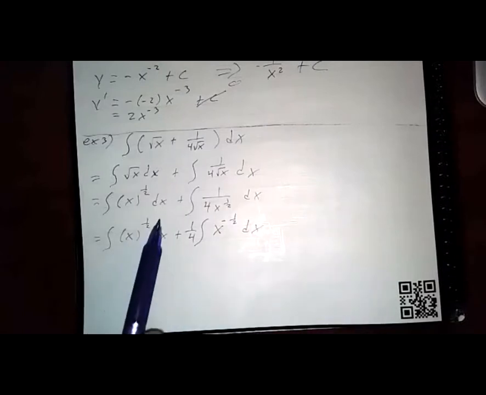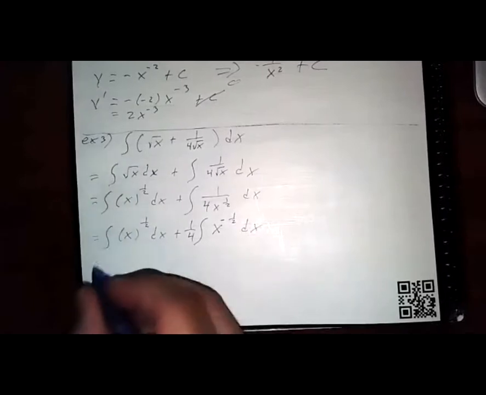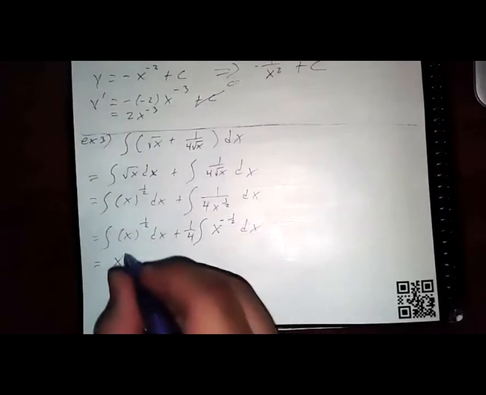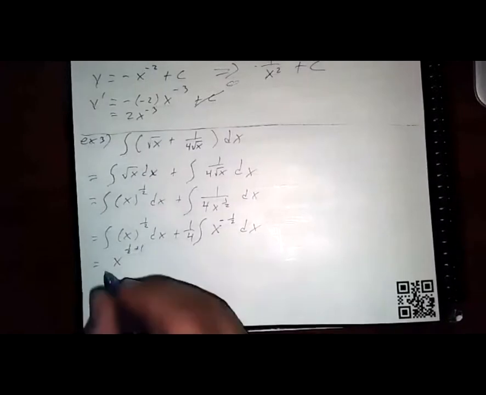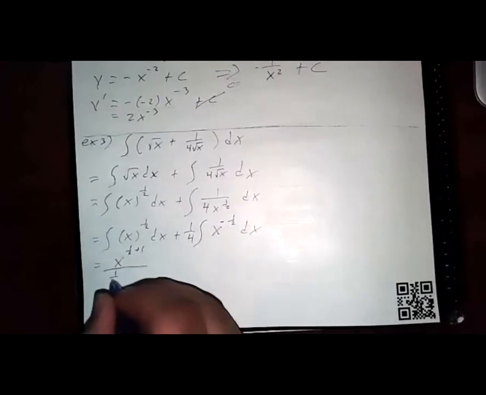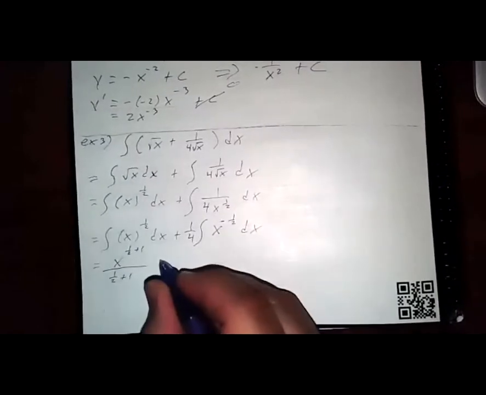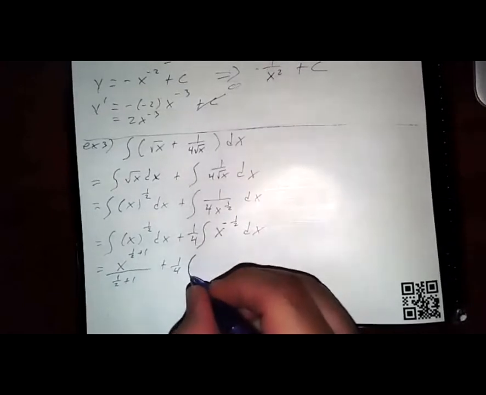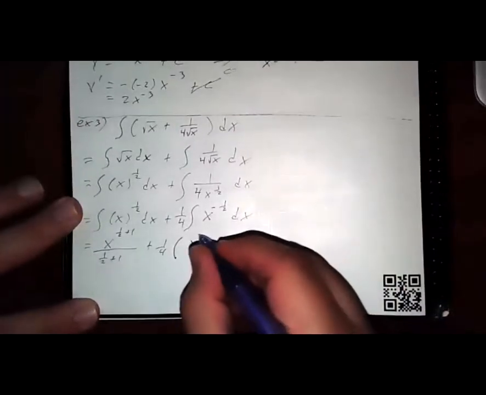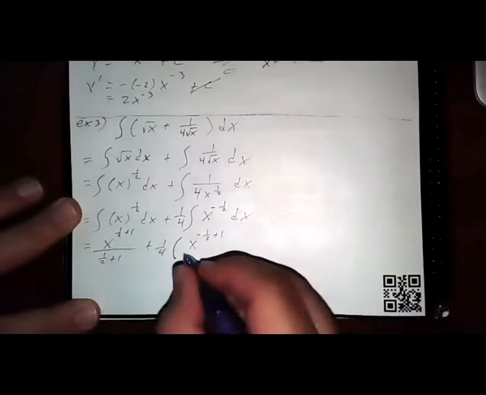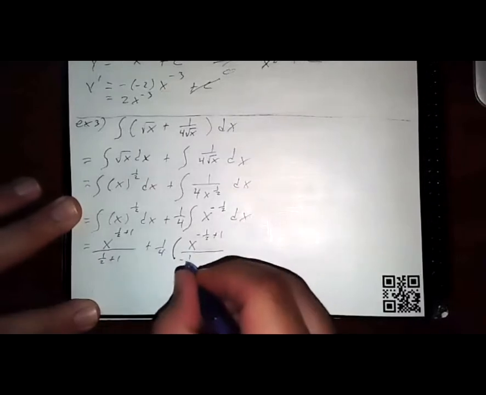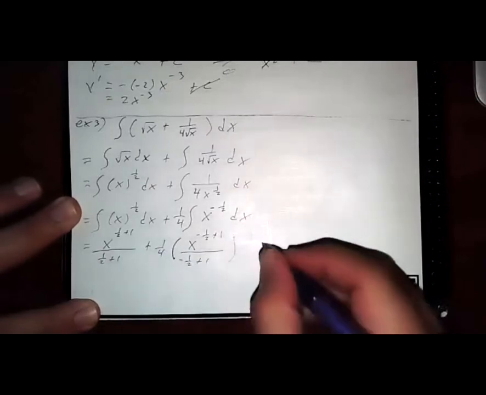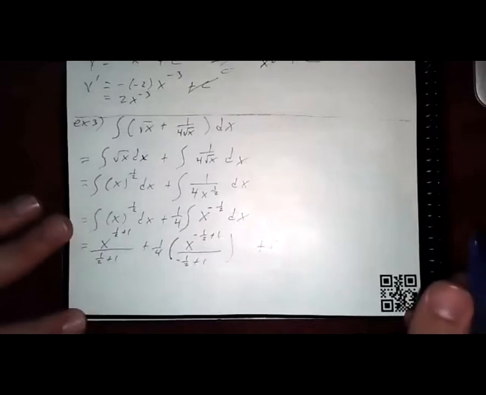So now the antiderivative of this guy. That's going to be x to the 1/2 plus 1 over 1/2 plus 1, plus 1/4 times, I'm going to put parentheses here so I don't get confused, x to the -1/2 plus 1 over -1/2 plus 1. And of course I need to add my c.